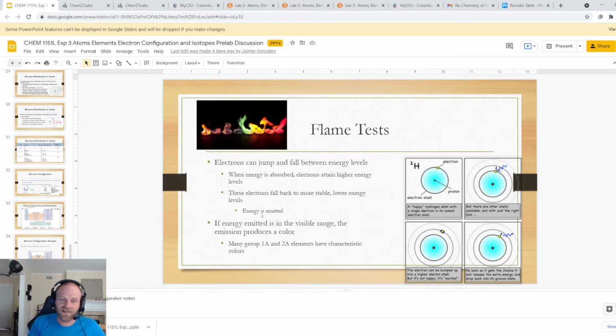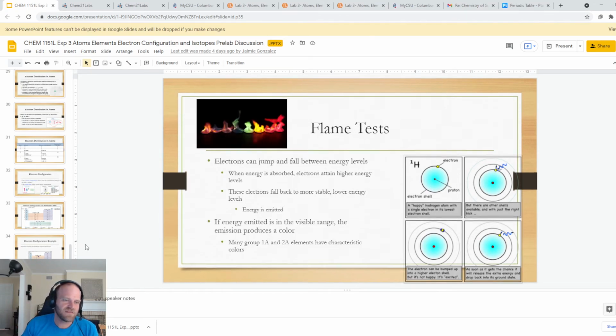Seeing that color can tell you whether or not it's a certain element, right? So what we do is we put flame to it. That flame is essentially throwing a bunch of energy into the atom, and then whatever energy comes back out will tell us the structure of that atom, where those electrons were on that atom.